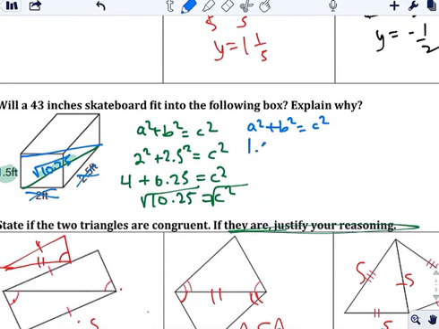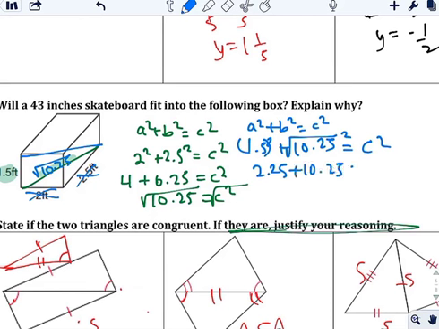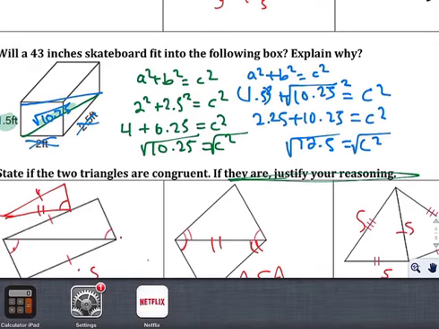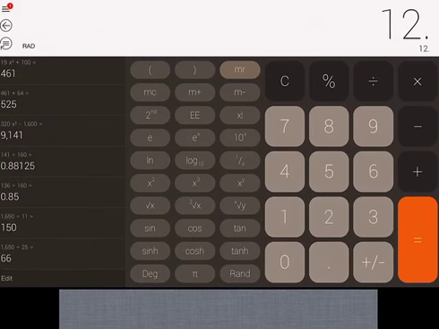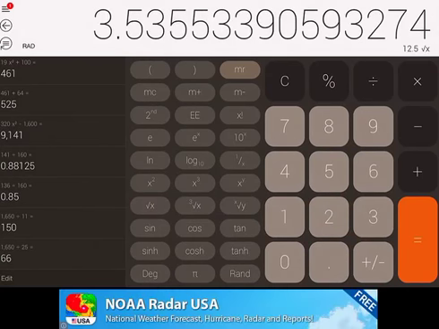A is 1.5 squared plus b squared is 10.25 equals c squared. 1.5 squared is 2.25 plus 10.25 equals c squared. That gives you 12.5 equals c squared. Square root of that. Square root of 12.5 is 3.5.